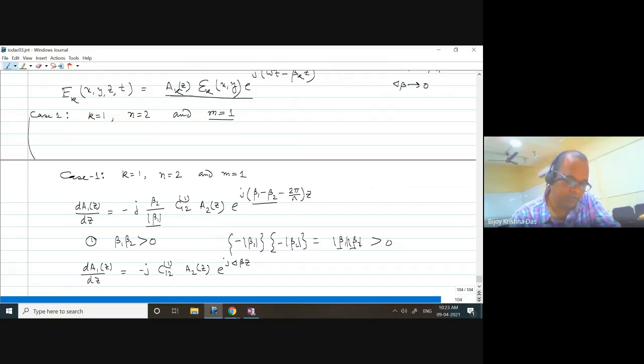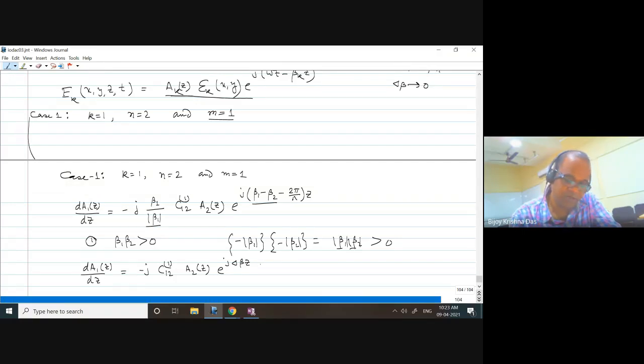Okay, I am just considering beta 1 in the positive direction, for example. Beta 1 positive direction or negative, if it is negative direction, the minus sign will be plus. Let us consider beta 1 is in the positive direction and beta 2 also positive direction.